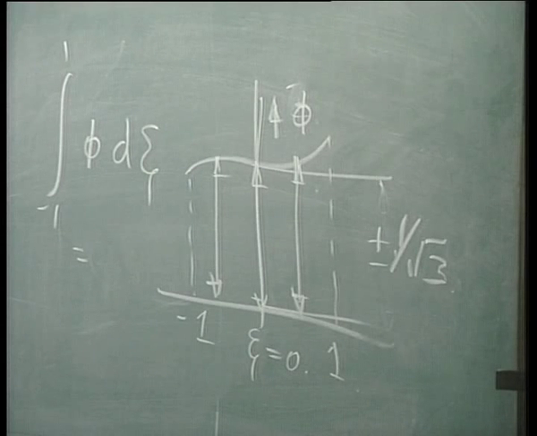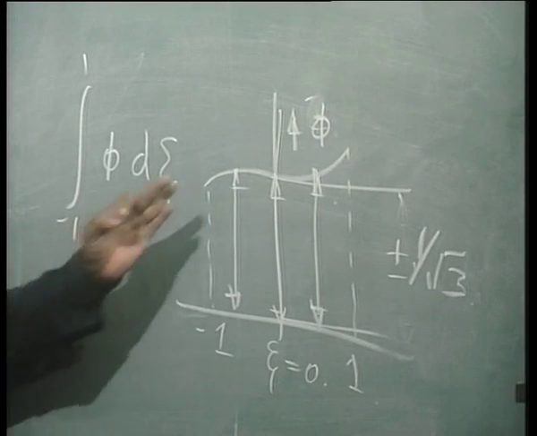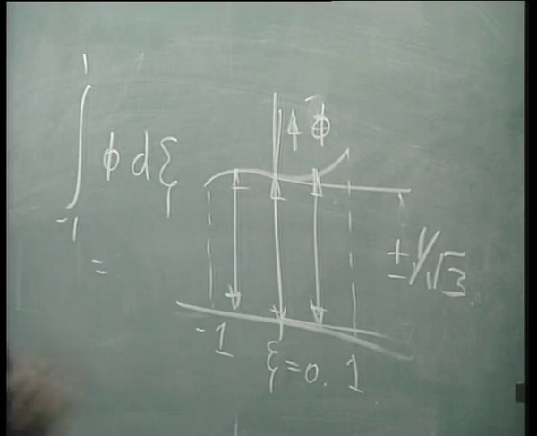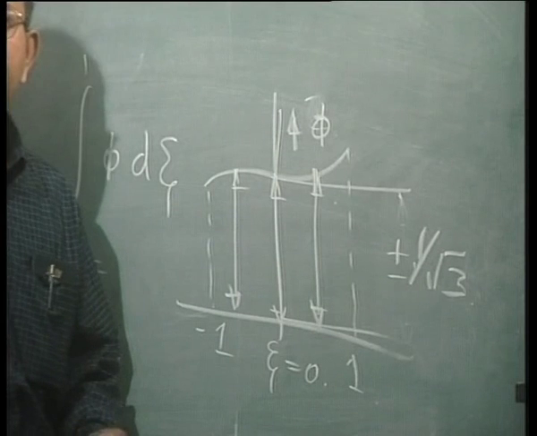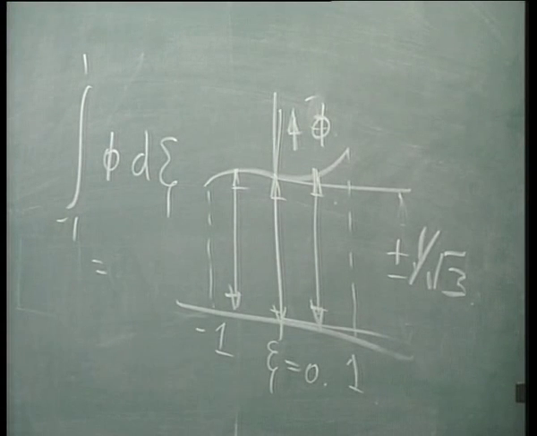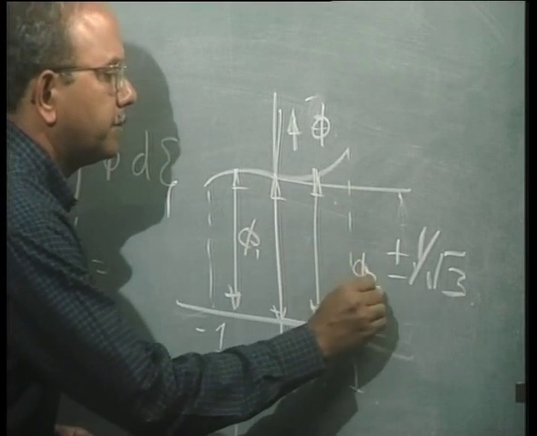Right. So, you evaluate this function at 2 positions. What do you mean by evaluate the function? Now, phi is a function of psi, right. What is it that you do? You substitute the value of psi to be plus 1 by root 3 and then again minus 1 by root 3. Okay. So, you will get at 2 positions the value of phi. Let us call them phi 1 and phi 2.